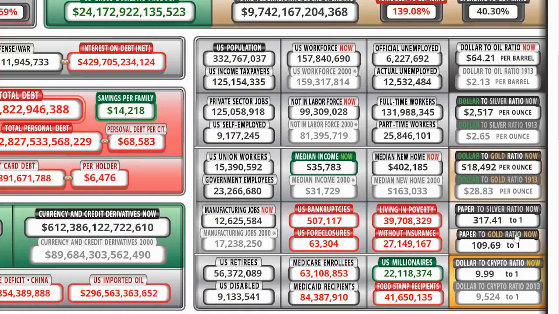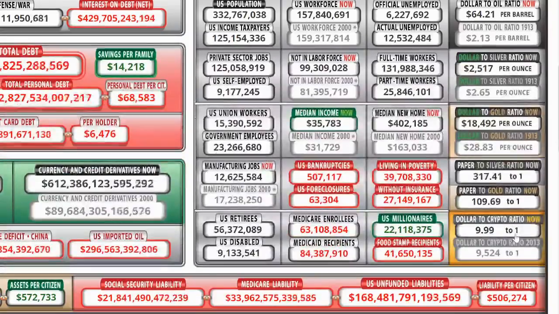ratio too. It's 18,492 per ounce there. And then we have to look at the dollar to crypto ratio, 9.99 to 1. That's kind of interesting. And we can see the dollar to crypto ratio in 2013. So that means the crypto market is growing, the overall crypto market.